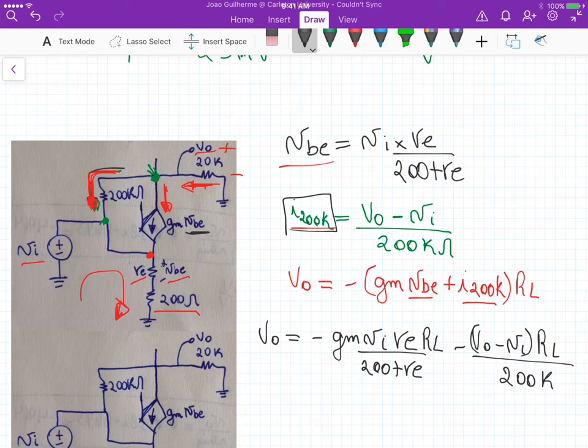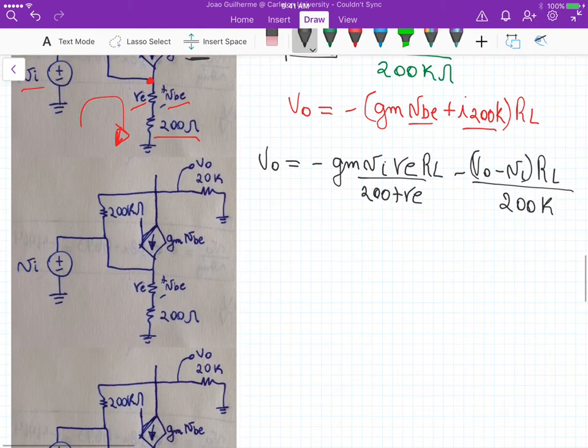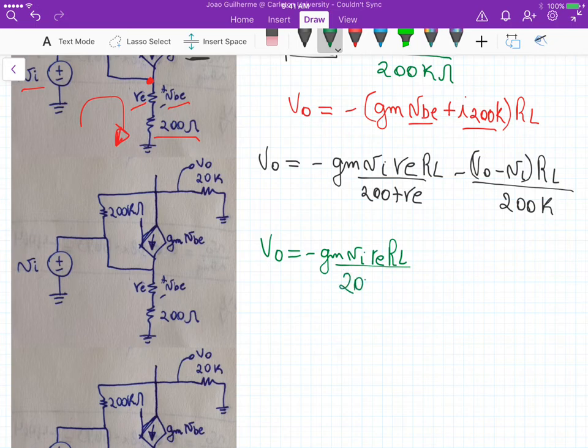Now let's expand this equation and isolate V out. I will start substituting some of the values. So V out is equal to minus gm VI re RL divided by 200 plus re, minus V naught RL divided by 200k plus VI RL divided by 200k.